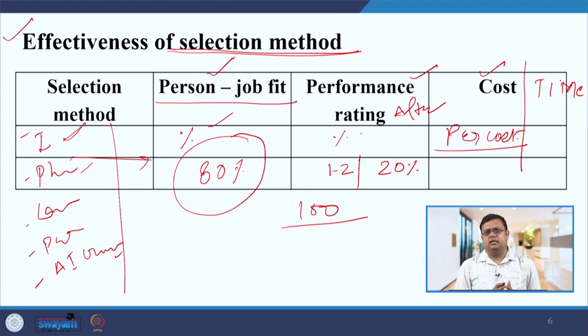Physical tests are there, computer based tests are there, so you may have to hire an external agency to conduct that test. So what is the cost per candidate, and how much time does it take to prepare the result? That you can also consider, whether it is time taking or not. So, all these three parameters you can check for the effectiveness of the selection method.